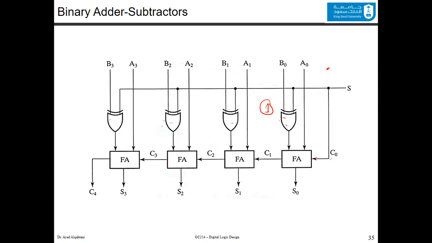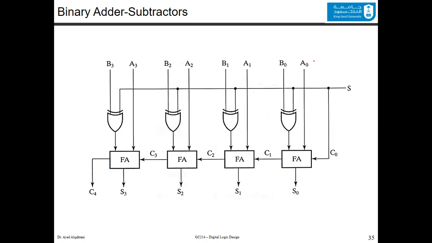The input carry here, if you want to do addition, it would be 0. If you want to do subtraction, this carry would be 1. And this is basically the idea behind the binary adder and subtractor.